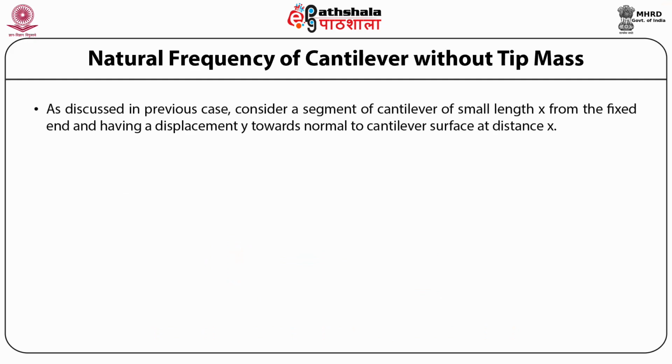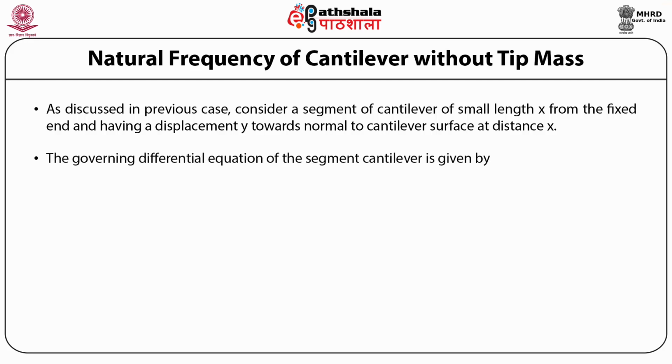As discussed in the previous case, consider a segment of a cantilever of small length x from the fixed end, having a displacement y normal to the cantilever surface at distance x.